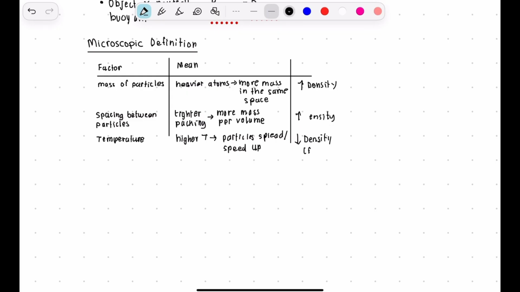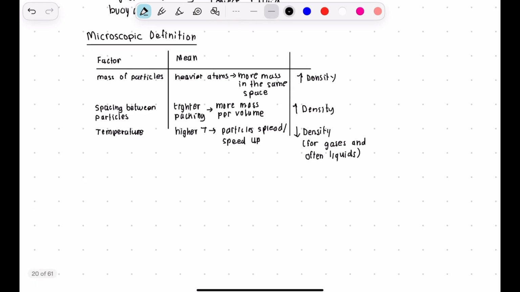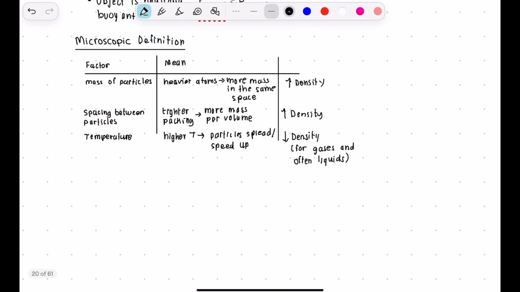For gases and often liquids, a critical thing that you need to remember is the fact that density changes with temperature.